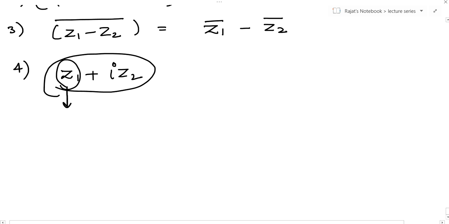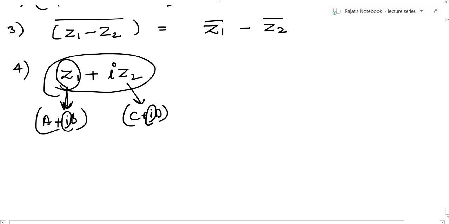So z1 will be of the form a plus ib, and similarly z2 will be of the form c plus id. So you have an imaginary part here also, and there is one iota outside. You have to multiply, and then in the final expression you separate the real and imaginary parts. You cannot directly say.